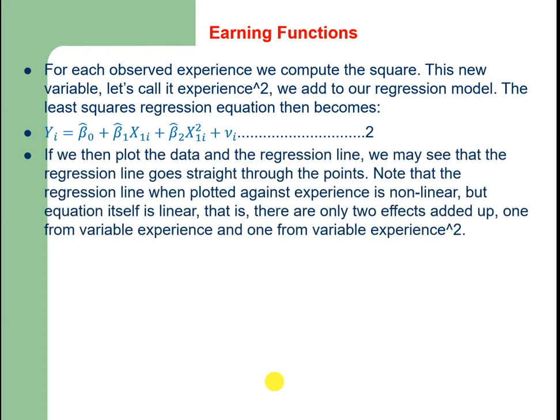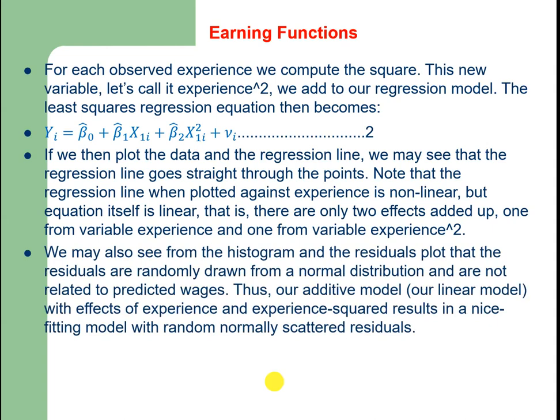Now this model includes experience as an independent variable, and it also uses experience squared. If we then plot the data and the regression line, we may see that the regression line goes straight through the points. Note that the regression line, when plotted against experience, is non-linear, but the equation itself is linear, that is, there are only two effects added up, one from the variable experience and one from the variable experience squared.